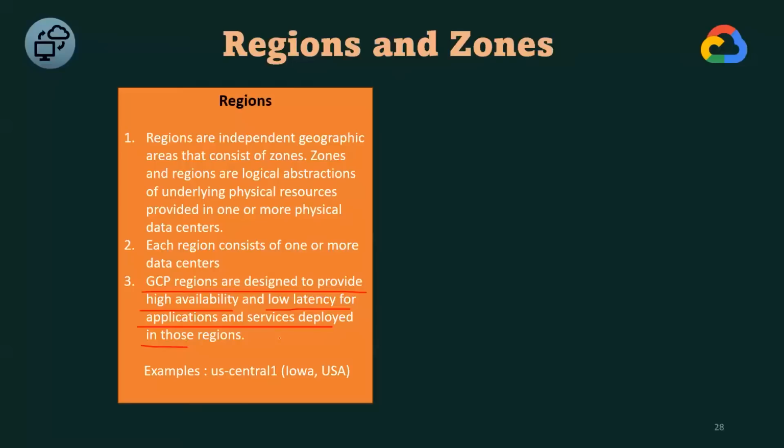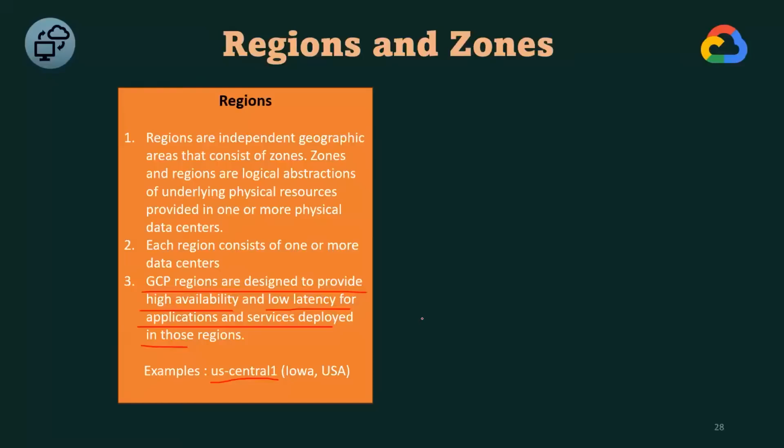Okay, so one of the regions is US Central One. If you take one region, an example is the USA Iowa region, you call it US Central One. A region is an independent geographic area in a location. Regions consist of zones, and regions and zones are logical abstractions of underlying resources.